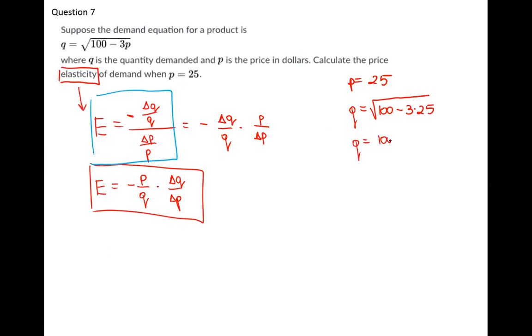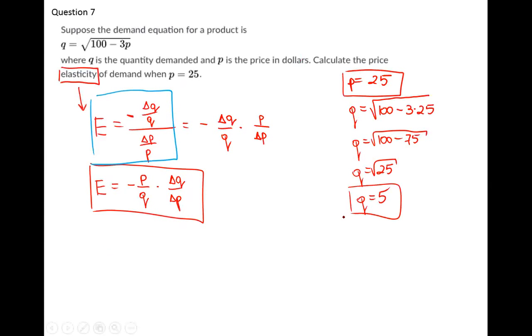That means this is 100 minus 75, the square root of 25, so Q is 5. So we do have the price 25, quantity 5. Excellent. 25 over 5, really nice.